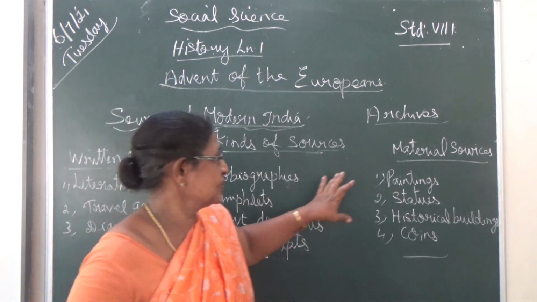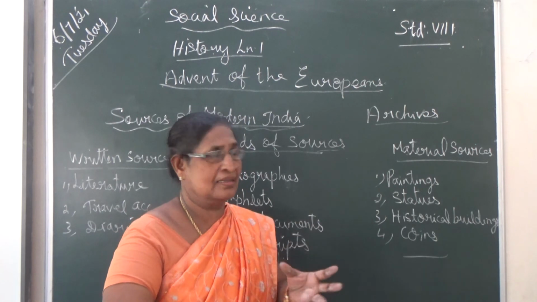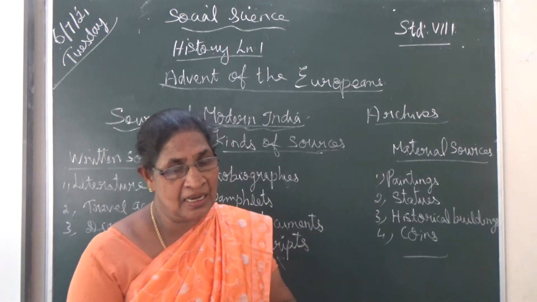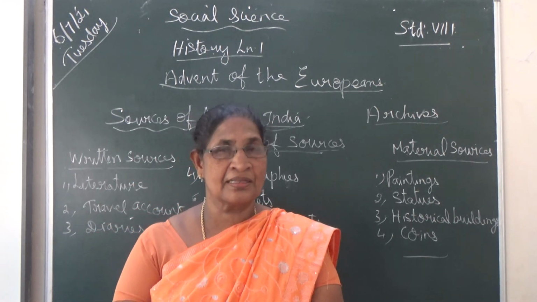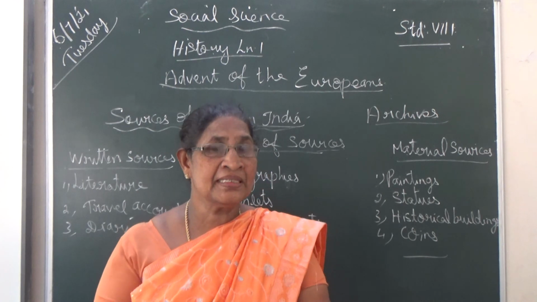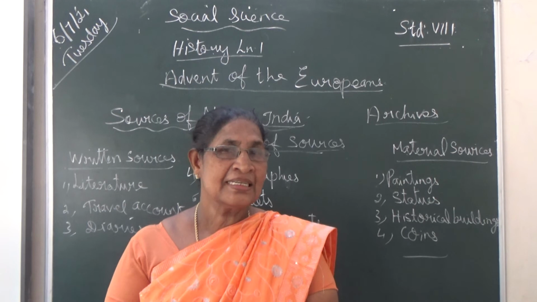Now we are going to see the material sources. Material means things: paintings, statues, historical buildings and coins, isn't it? These are the material sources. Paintings and statues are the main sources of modern Indian history.